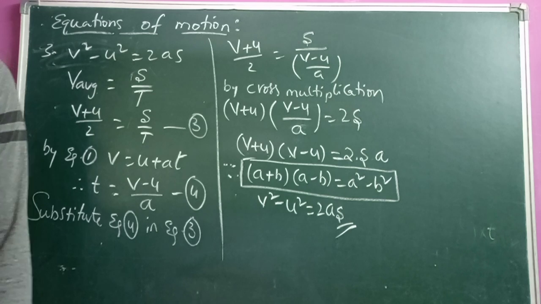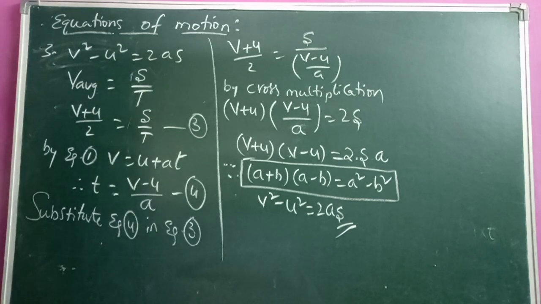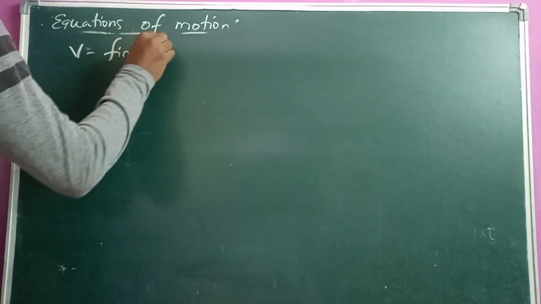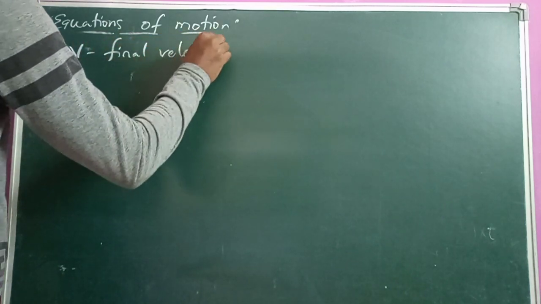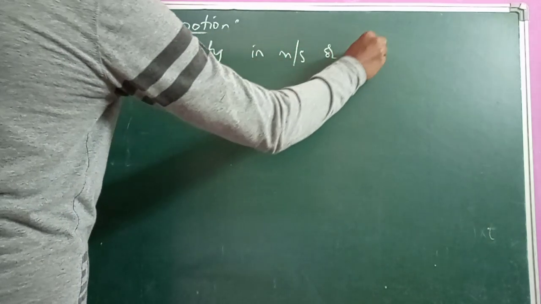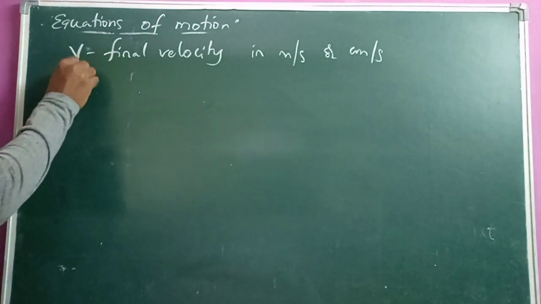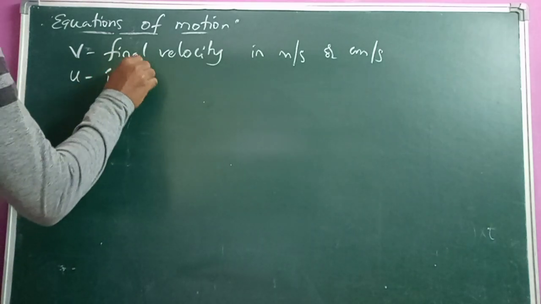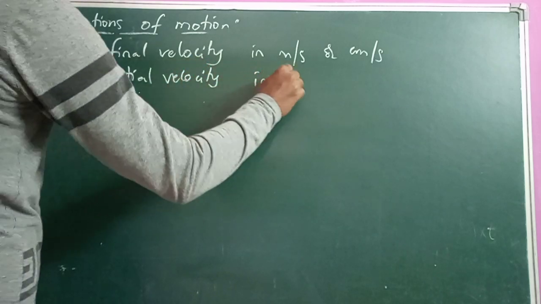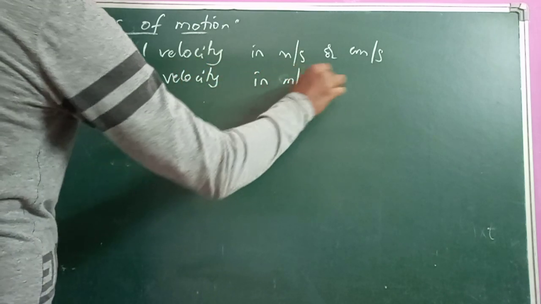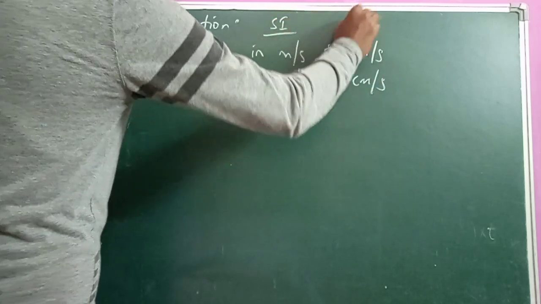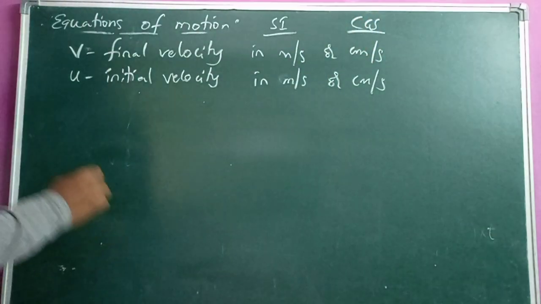Once we observe the terms here: v is final velocity in meter per second or centimeter per second, u is initial velocity in meter per second or centimeter per second. That means it is SI and it is CGS.